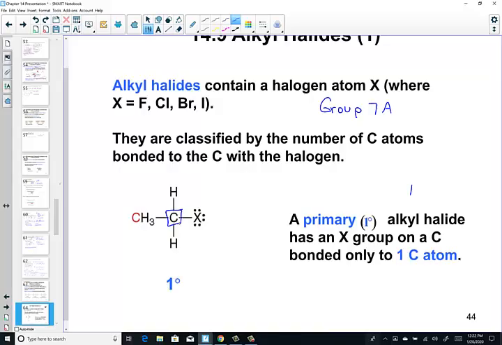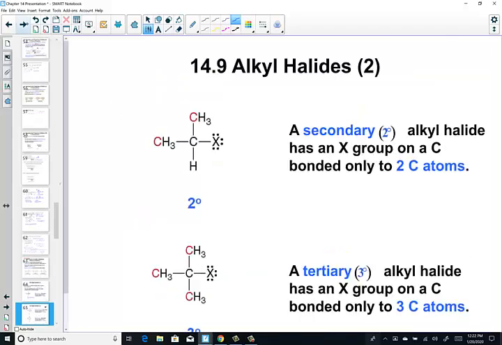Here's the carbon that's attached to the halogen. It's attached to just one other carbon. We call that a primary alkyl halide. The primary alkyl halide, the carbon bonded to the halogen is just bonded to one other carbon. If we had a secondary alkyl halide, the carbon that's bonded to the halogen is bonded to 2 other carbons, a secondary alkyl halide.